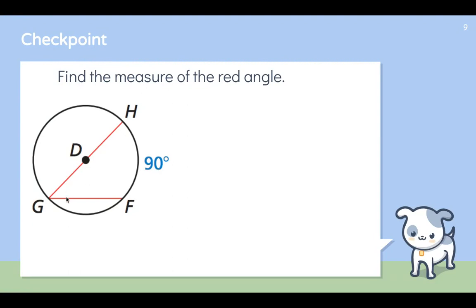First of all, just think to yourself, does this look like a 90-degree angle? Obviously, no. Does it look bigger than a 90-degree angle, does it look obtuse? No. It looks smaller. So our answer should be something smaller than 90 degrees. And if you already learned the theorem, you probably already figured out that it is going to be exactly 1/2 of 90 degrees, which is 45 degrees.